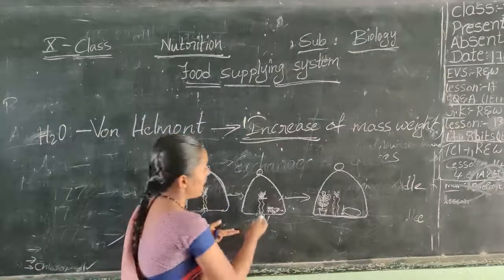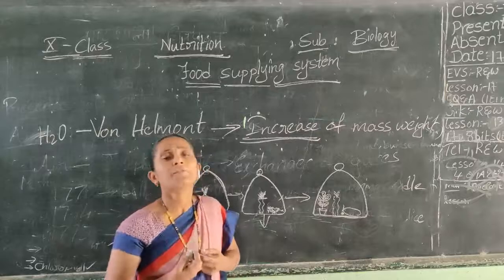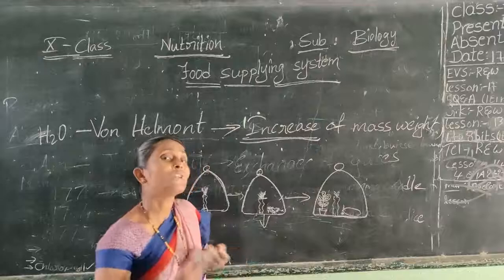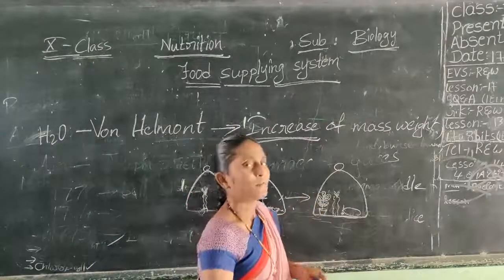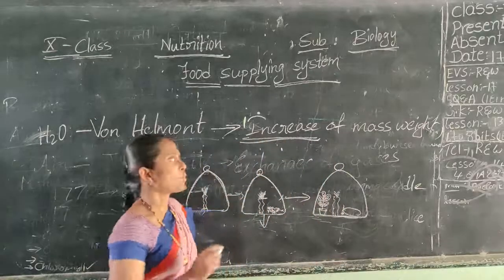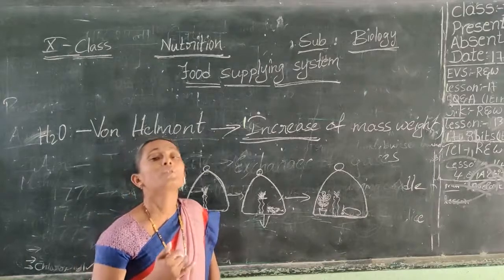The rat requires oxygen, and the candle also requires oxygen for burning. Here there is no sufficient amount of oxygen, so how is it possible? Then he kept a potted plant. We already studied that oxygen is liberated during photosynthesis.